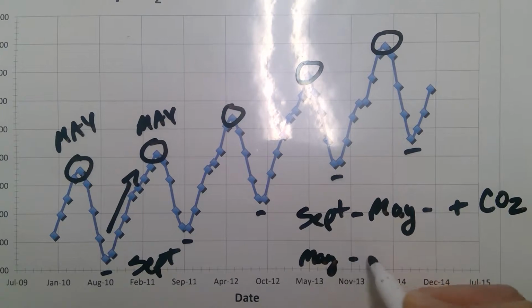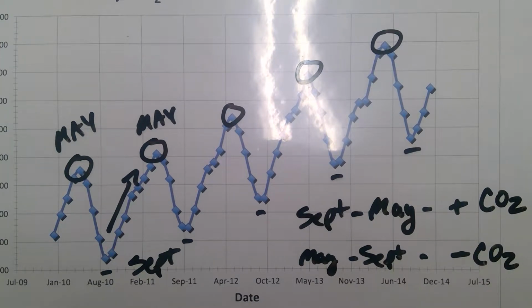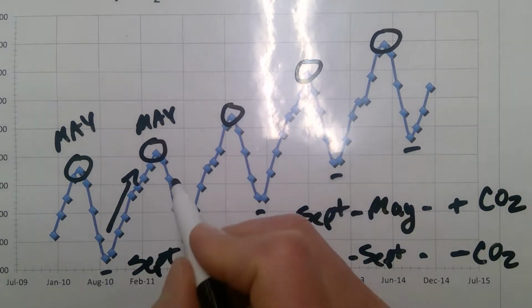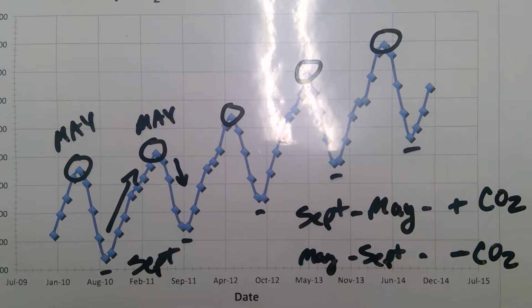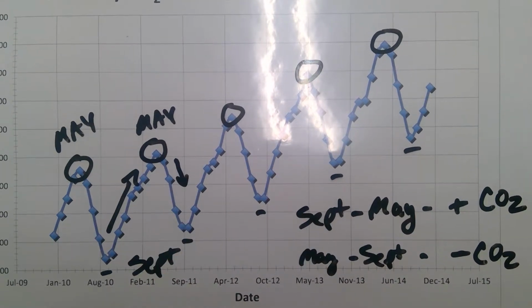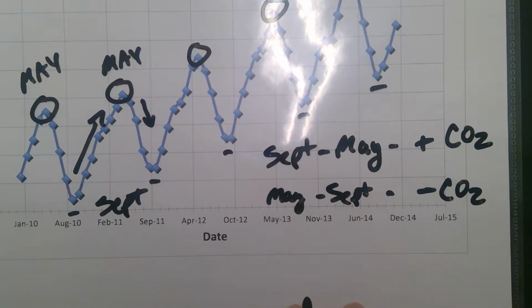From May back to September, instead of having increasing CO2 levels, CO2 values are going down. How do we account for the fact that sometimes CO2 goes up and sometimes CO2 goes down? Well, most of it's probably related to two processes.